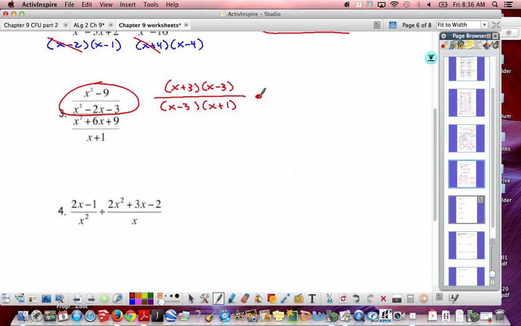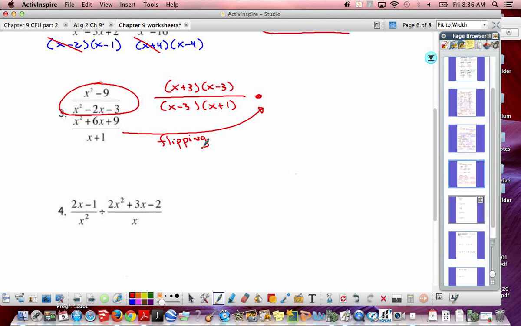Now I'm going to change it to a multiply by flipping the second or the bottom fraction. And if you remember, dividing, you can change it to multiplying by flipping the denominator.